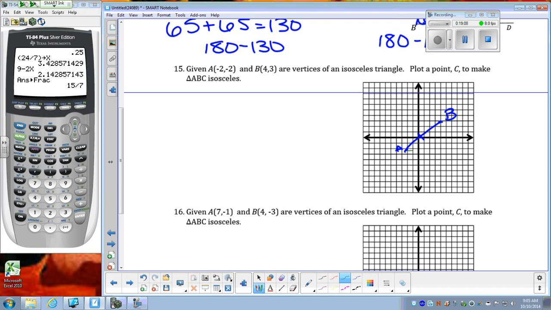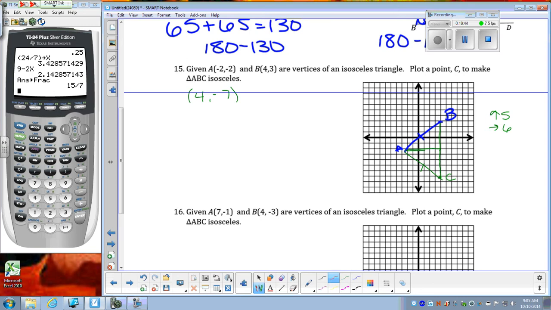I went over 6, and then up 5. I want a line from A that's equidistant from AB to AC. So instead of going up 5, I'm going to go down 5 to get point C. So one potential point for C is the point 4, -7.